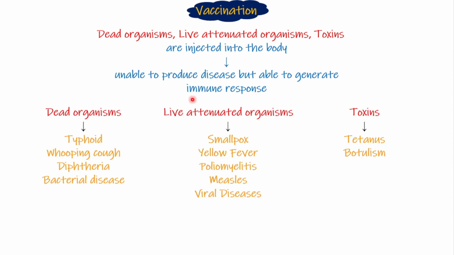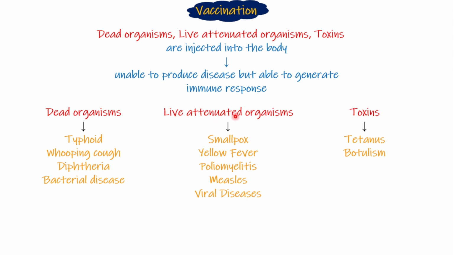Now, what are the examples of the dead organism type of vaccination, live attenuated vaccination, and toxin vaccination? The vaccines using toxins are for tetanus and botulism, as we know there are toxins of tetanus and botulism, so those vaccines are made up of their toxins.